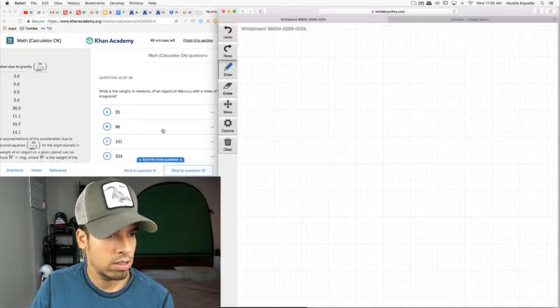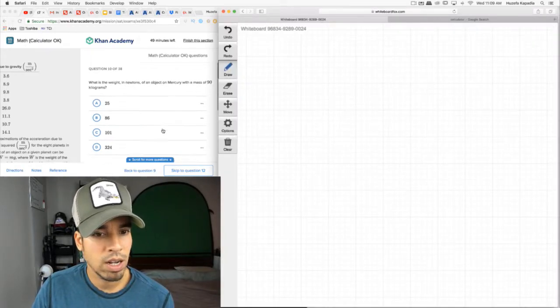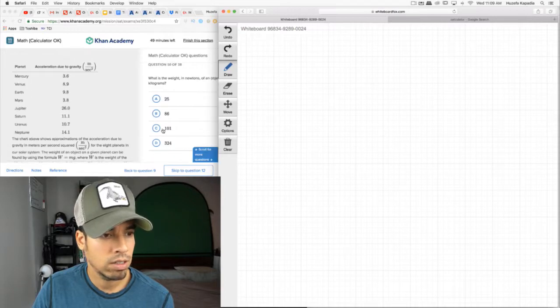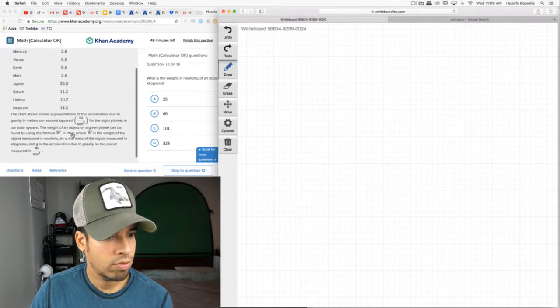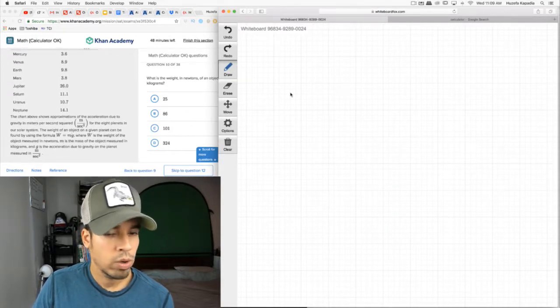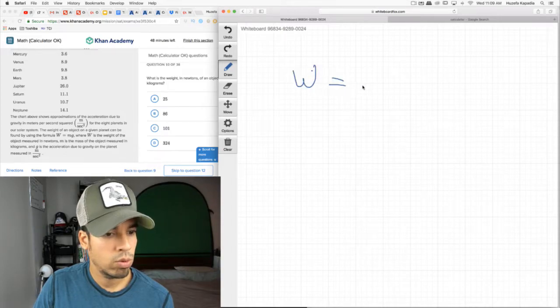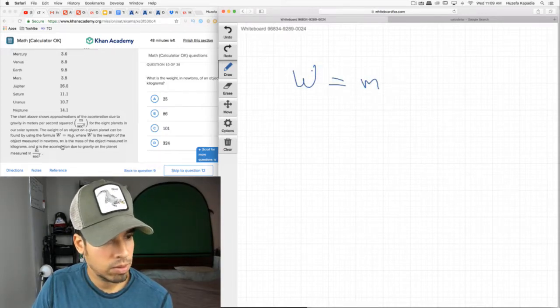Next is this one. What is the weight in newtons of an object on Mercury with a mass of 90 kilograms? Okay, so we have this formula. So here's the weight. So weight equals mass times the acceleration due to gravity.